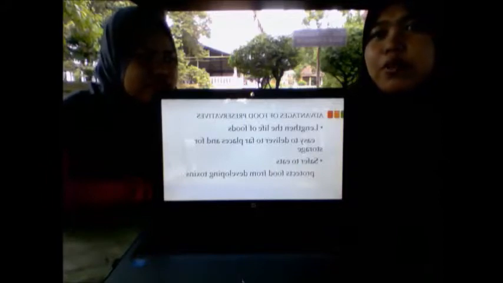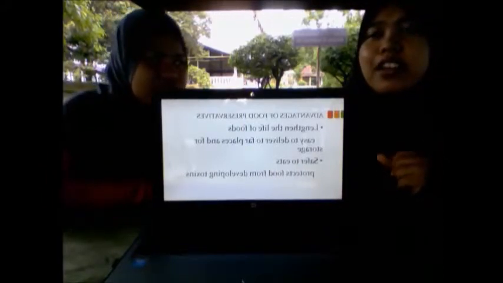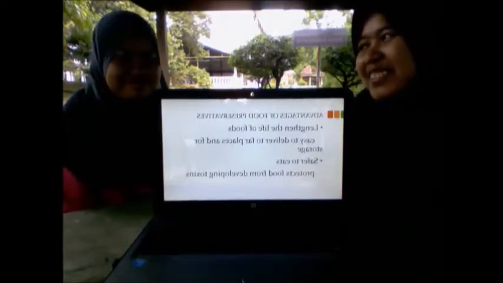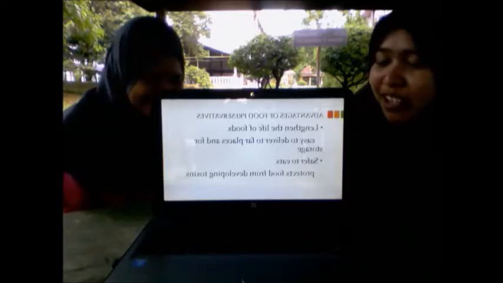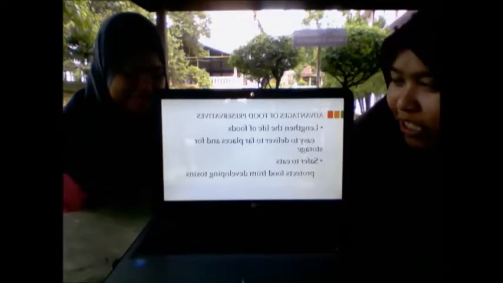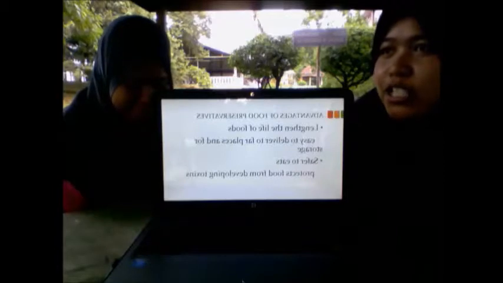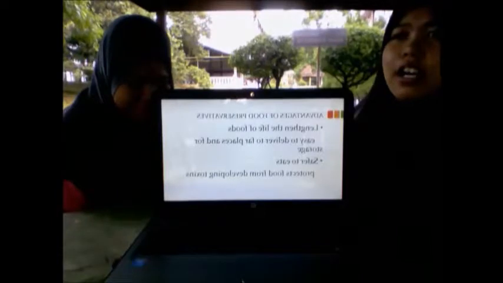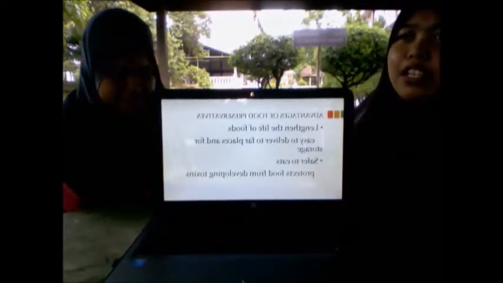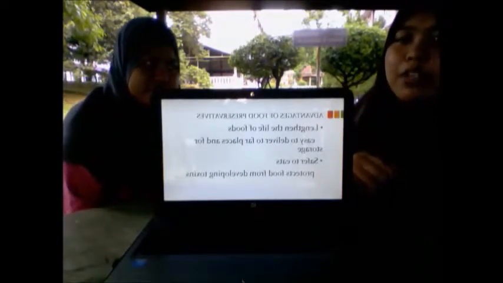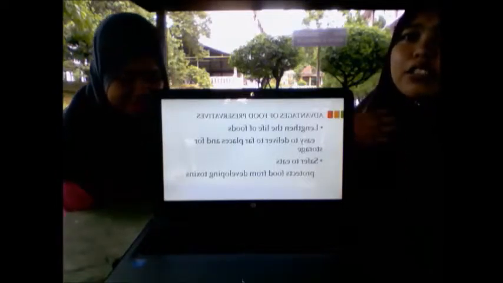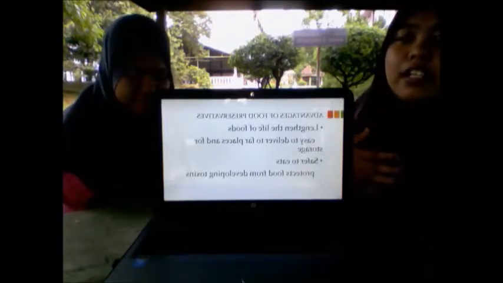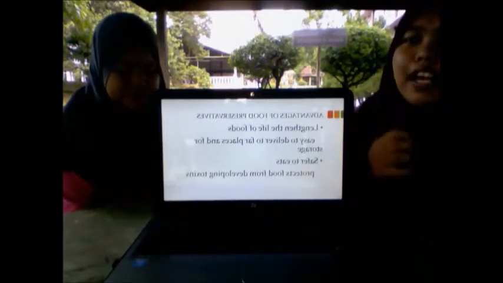When we add preservative to the food, it will be easy for us to keep the food for a long time, and easy to transport the food to other parts or cities where that food cannot be found.